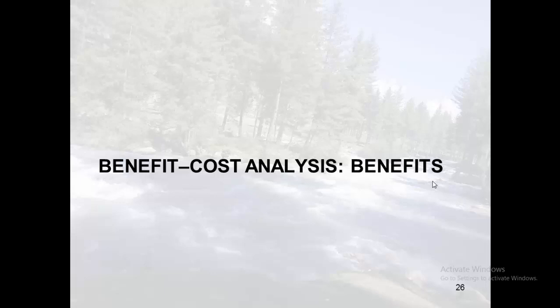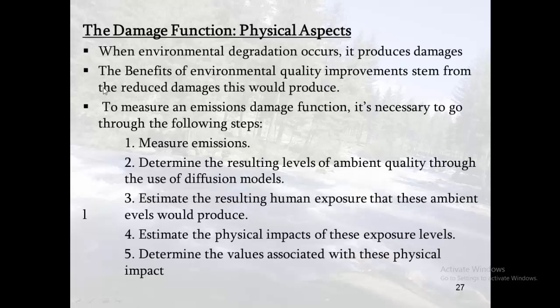What are the different approaches, the different ways to estimate the benefits, and what are the different techniques to estimate the cost? So let us first discuss the benefits for the benefit cost analysis, and one of the ways is the damage function or physical, in which we study the physical aspects.